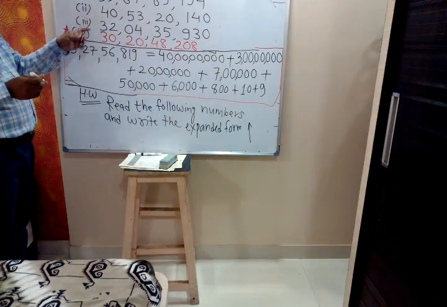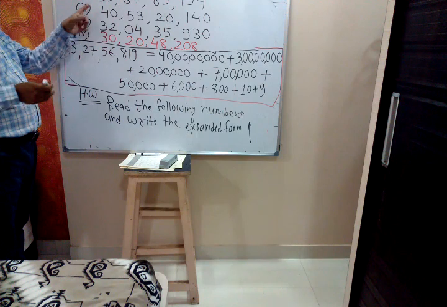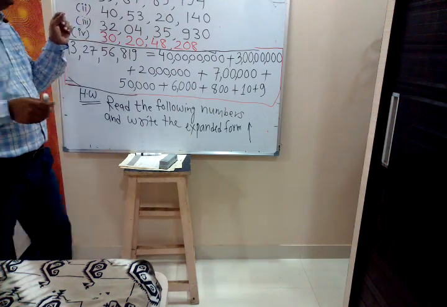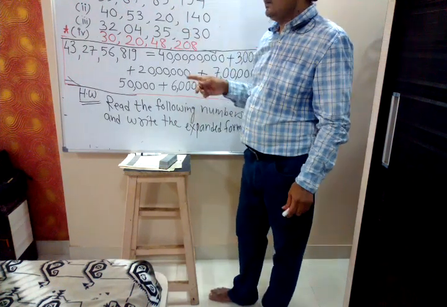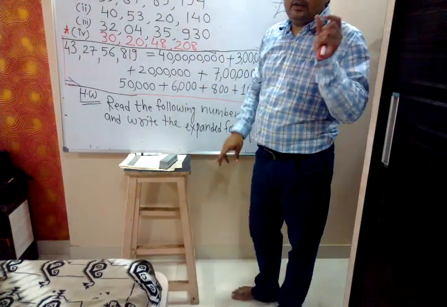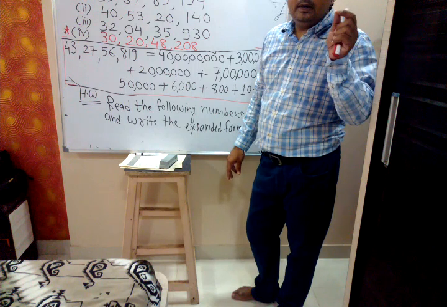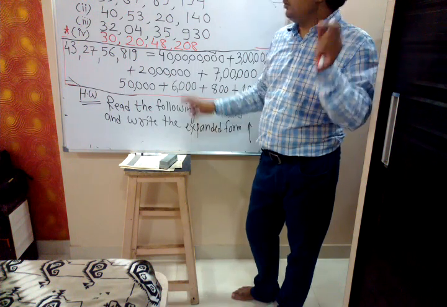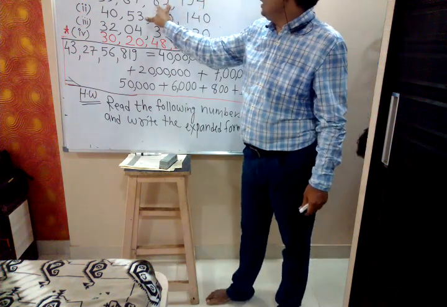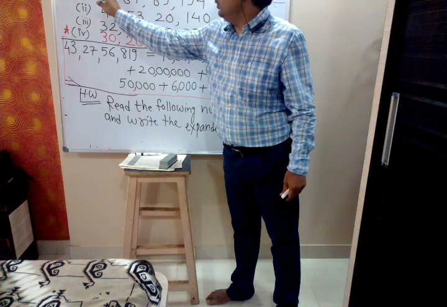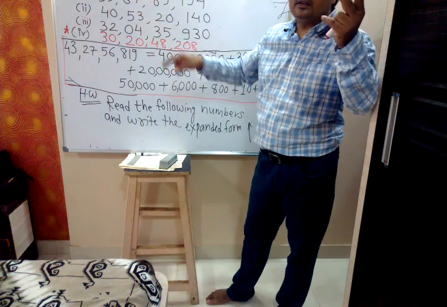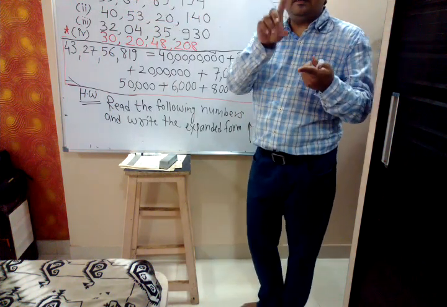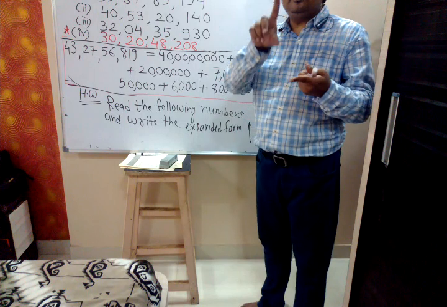All these numbers are given in the Indian system of numeration, because in the Indian system of numeration the numbers are divided into 4 groups: ones, thousands, lakhs, crores. So 4 groups means it is the Indian system of numeration. So you have to write that number first in the Indian place value chart.